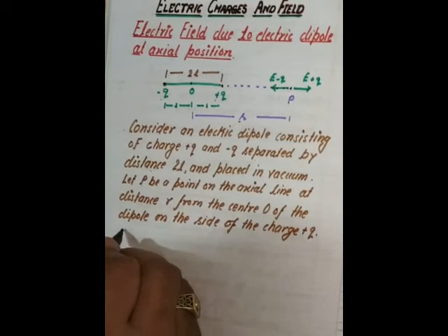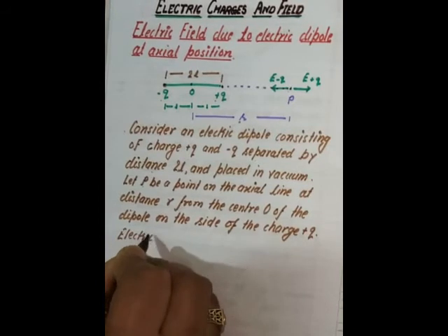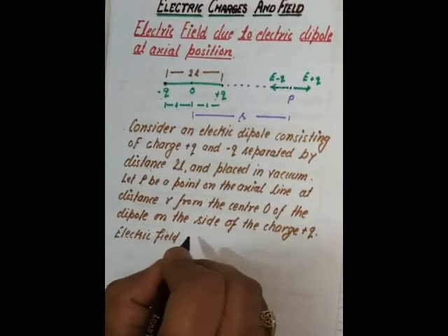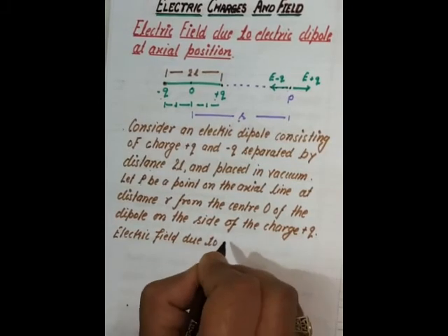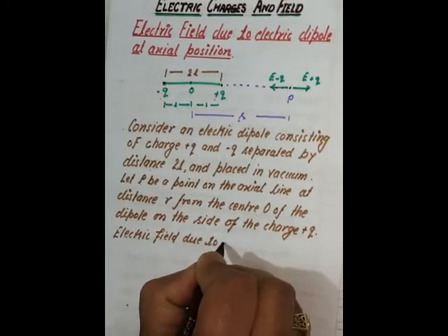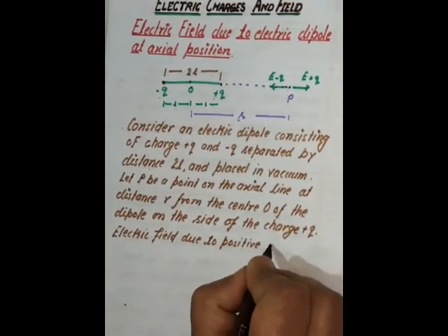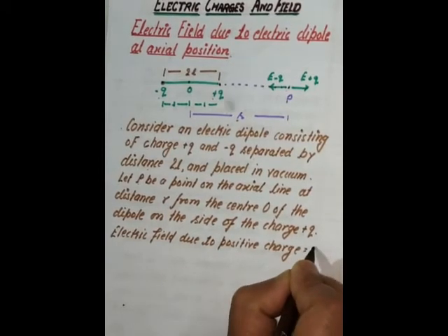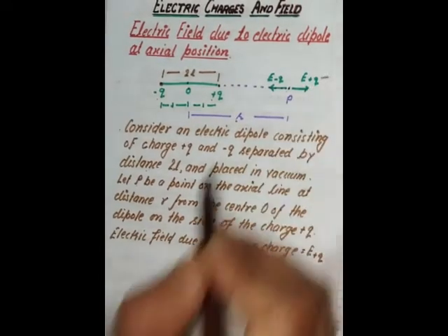So electric field due to positive charge equals E plus Q, this one.